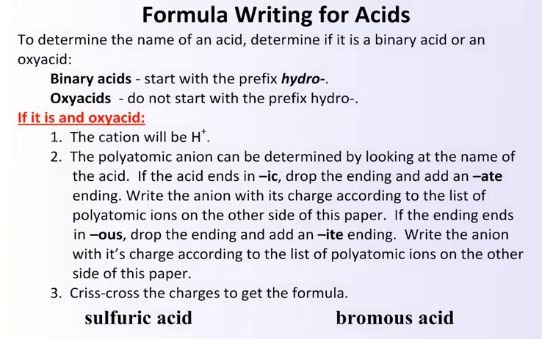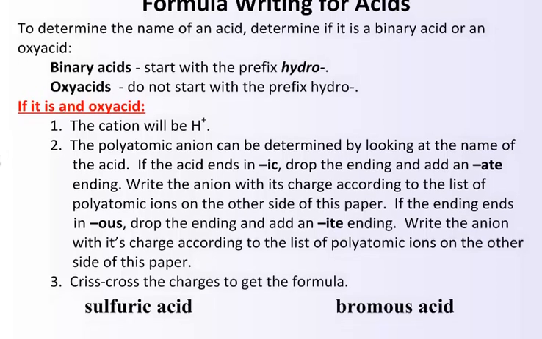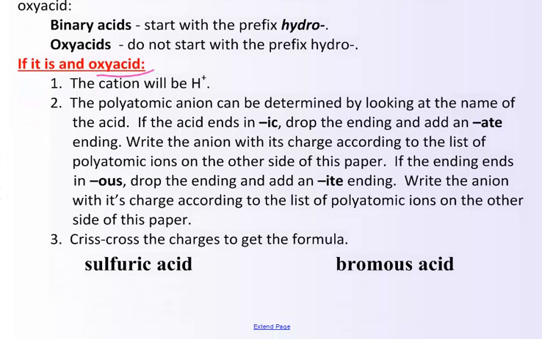Okay, formula writing from acids. Now we are focused on our oxyacids, and again, we are moving backwards. So sulfuric acid, there's no hydro in front of the word, so therefore it is going to end with a polyatomic ion. So remember that if it's "ic," it was "ate." So if we have sulfuric, that means we need to end in "ate."